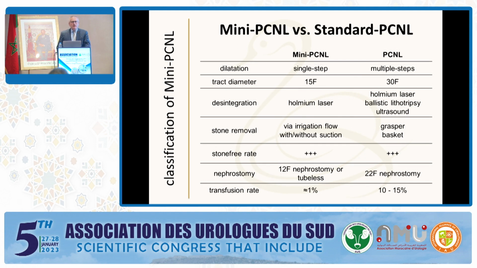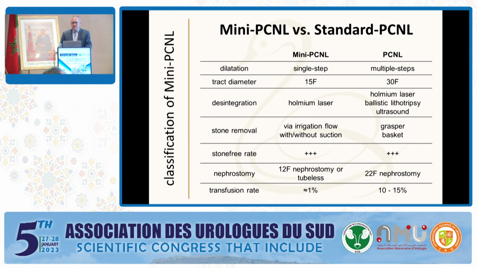I already mentioned that mini PCNL is not only a miniaturization of standard PCNL, and by means of this table, I want to explain what are the real differences of mini PCNL to standard PCNL. At first, there is a kind of tract dilation. In mini PCNL, we are using a so-called single-step dilation.